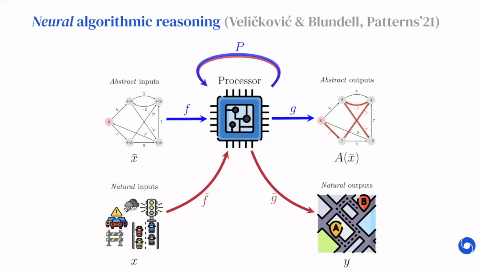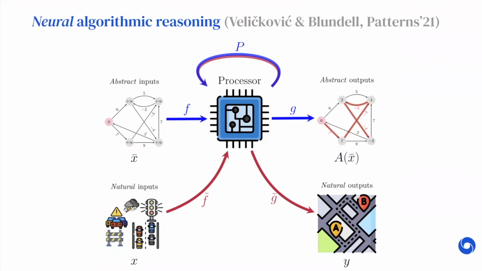This processor network takes high dimensional latent states and maps them to different high dimensional latent states, such that at every step of the way, you can decode the intermediate states of the algorithm, okay? So now you've somehow managed to capture the high dimensional version of what the algorithm was doing, and that's what we mean by capturing computation.